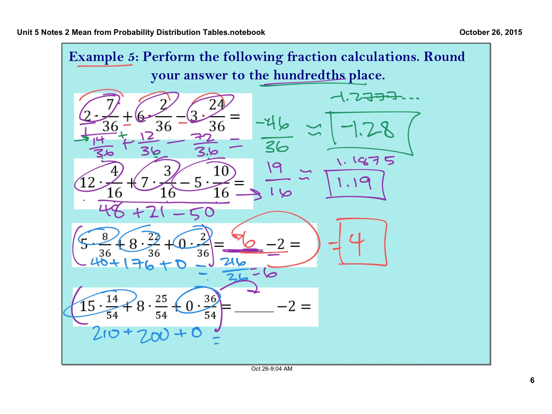So that's 410, and it's out of my common denominator, which is 54. Okay, so 410 divided by 54, that's 7.59 there. And then if I take 7.59 and subtract 2, I get 5.59.